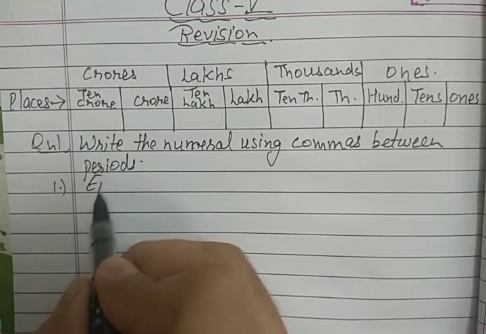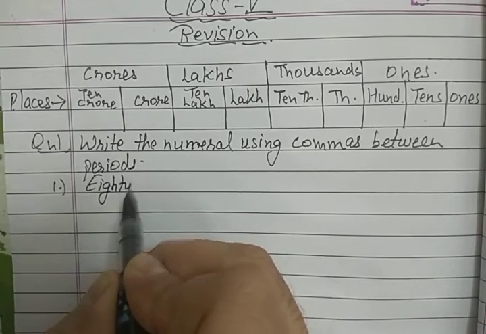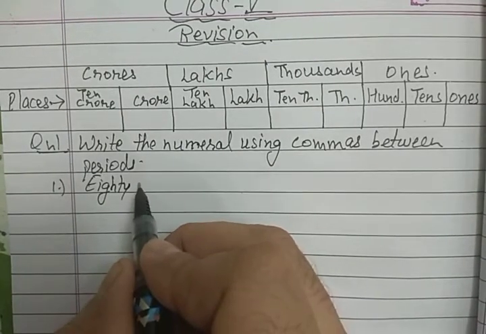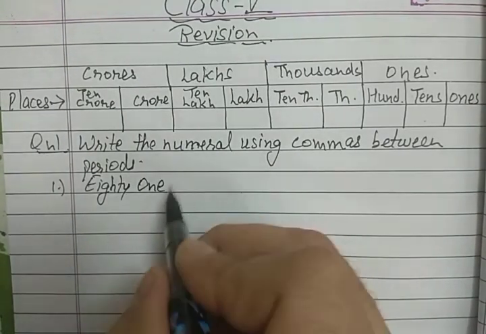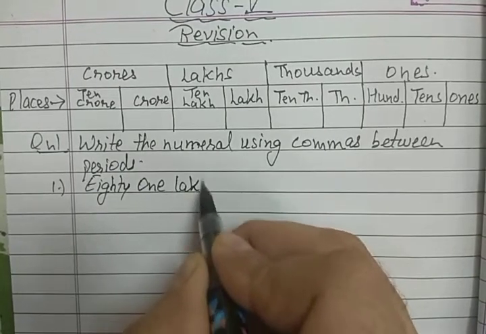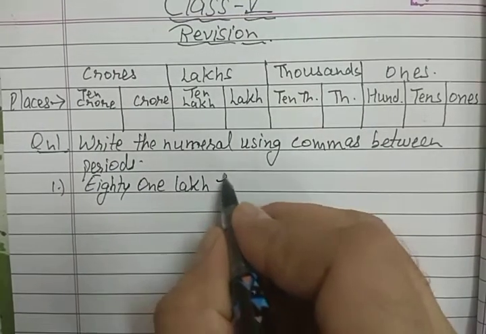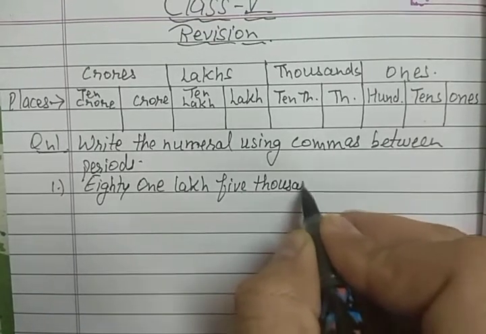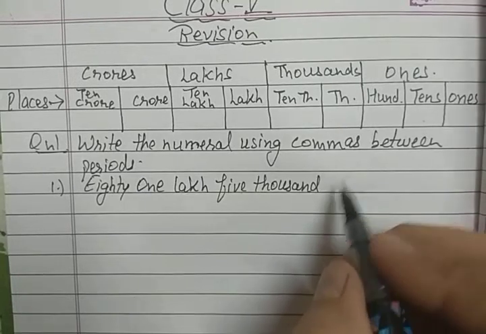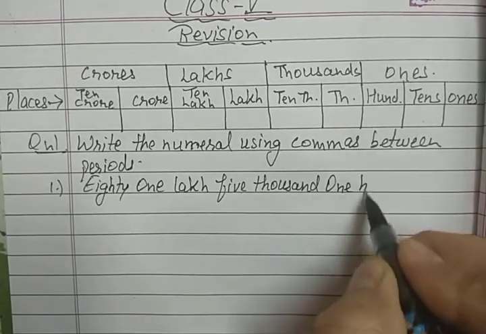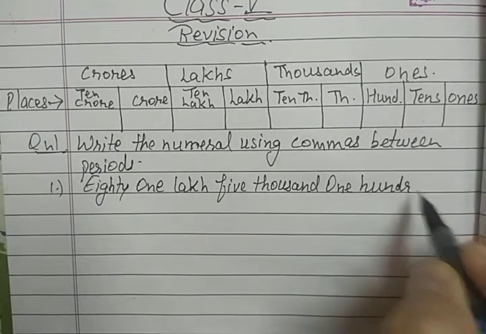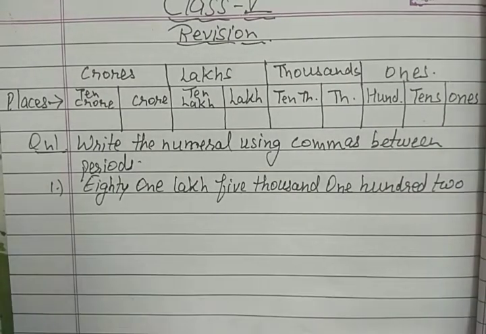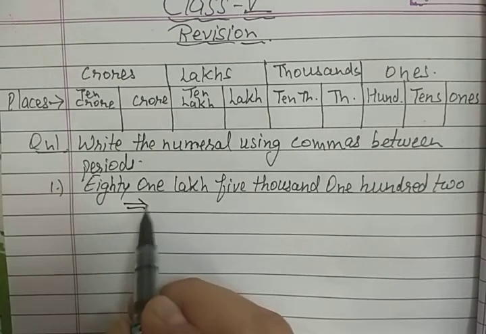Suppose 81 lakh 5,000 102. Suppose we have to write the numeral for this.